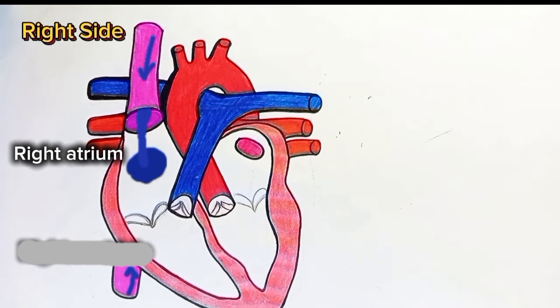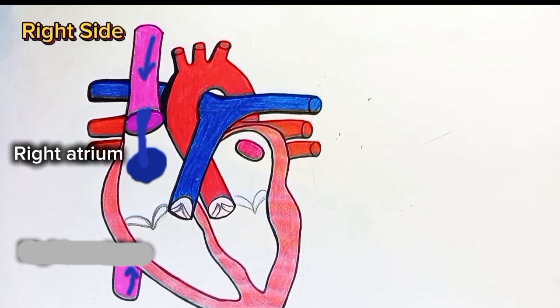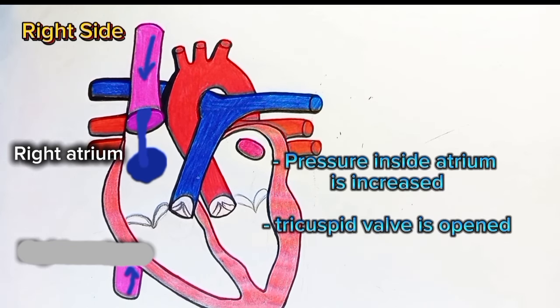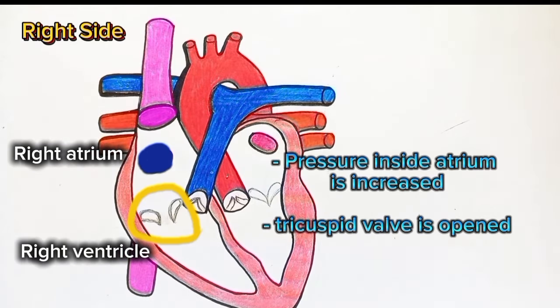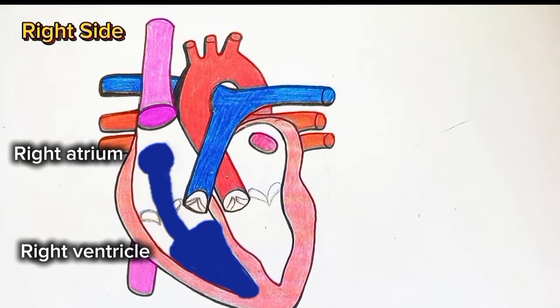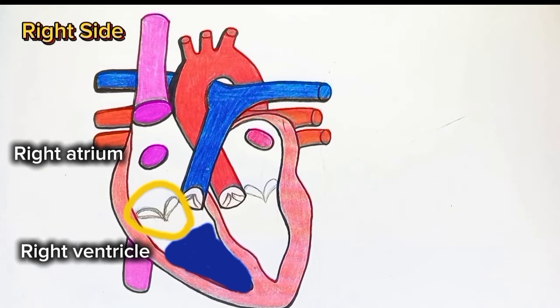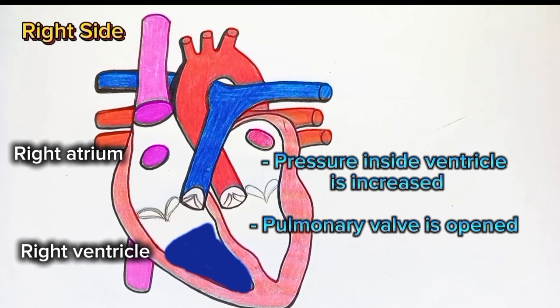When the atrium is filled with blood, the pressure inside the atrium is increased and the tricuspid valve is opened, and the blood enters the right ventricle. The tricuspid valve closes now and the pressure inside the right ventricle is increased.